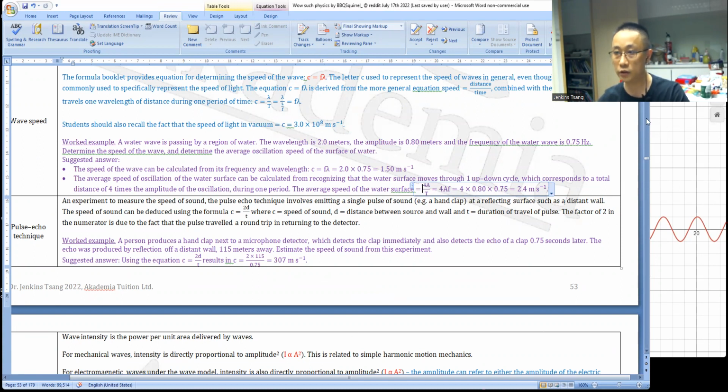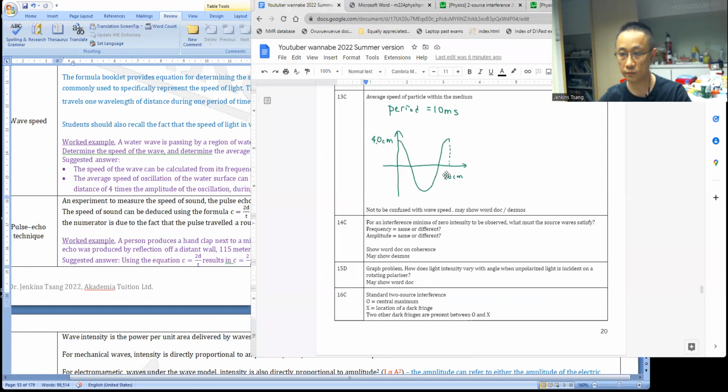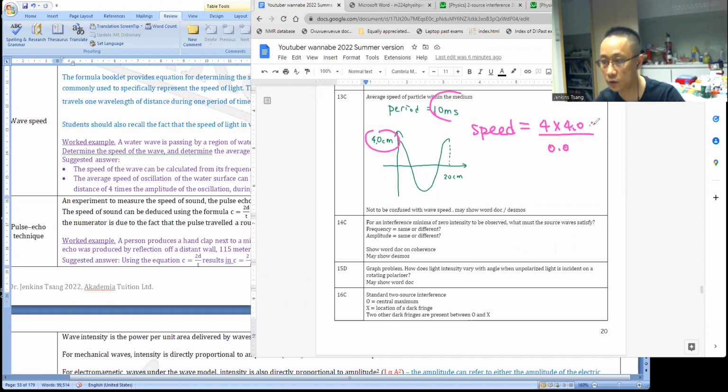So going back to the question itself. The amplitude is 4 cm. So the speed is 4 times 4.0, all divided by the period, which is 10 milliseconds. The answers are all in standard units.